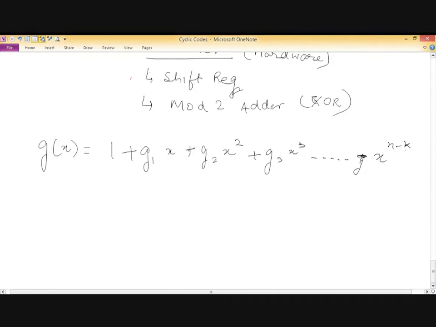Okay, so if I am talking about this, I will be getting two functions, that is x to the n minus k will be there and 1 will be always there.